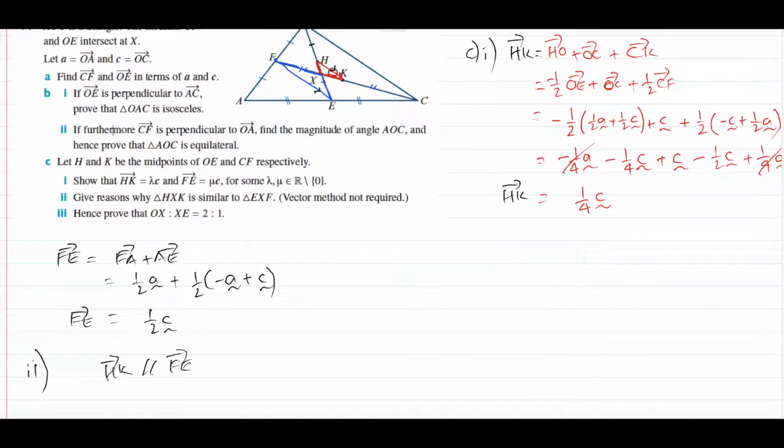If these two are parallel, FE and HK, that means this green angle right here is equal to this angle.